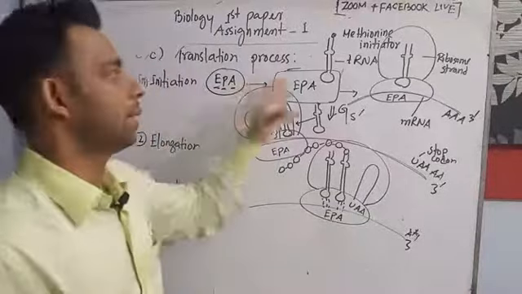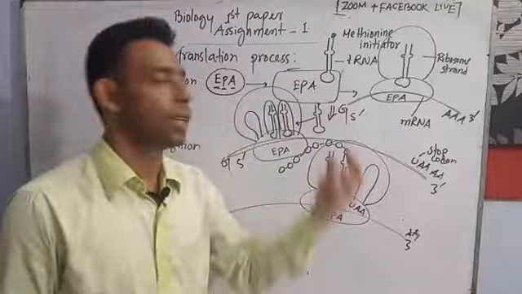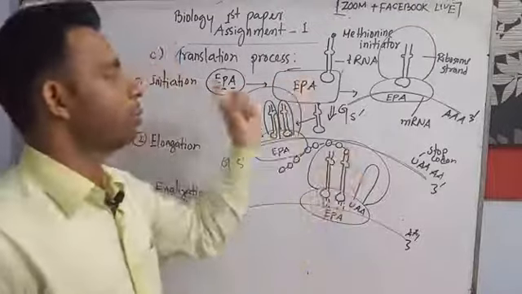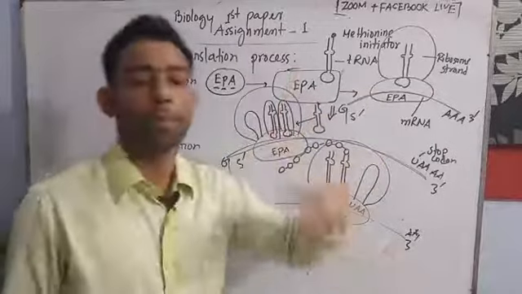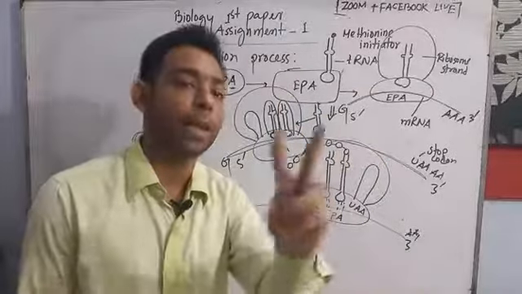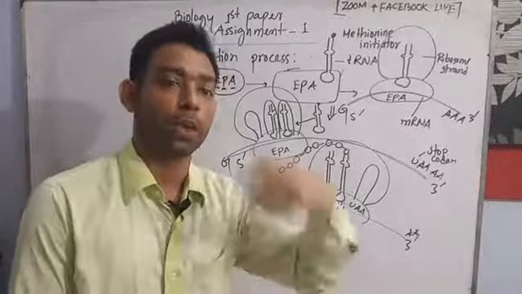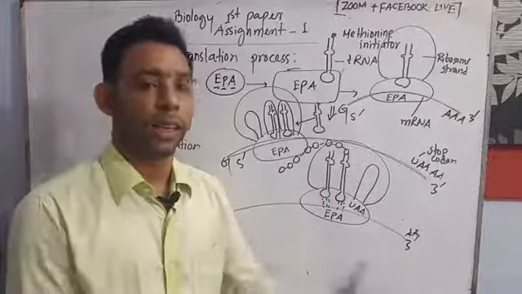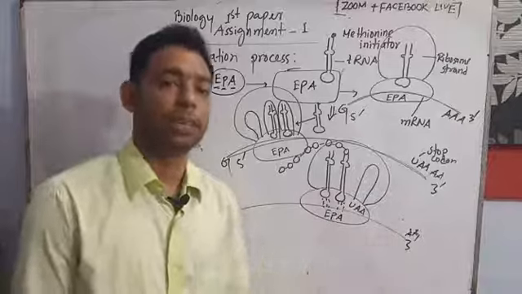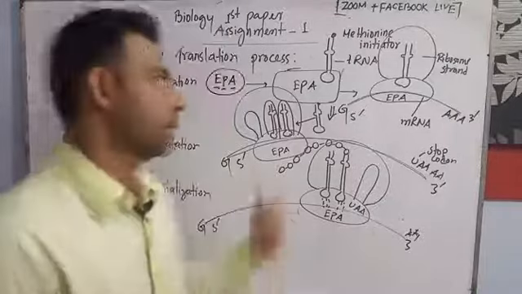Why is it mentioned there? The site we need to make sure on the mRNA, because the unit of the protein is the amino acid, and we know the 20 types of amino acid, having the sequence AUG, UAA, UCG, like that.